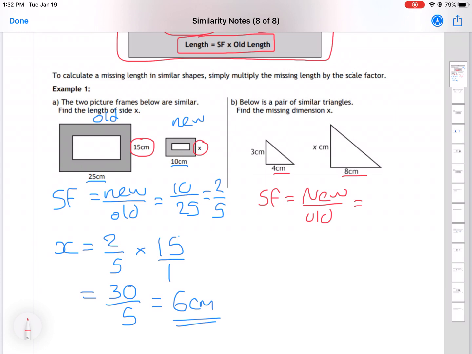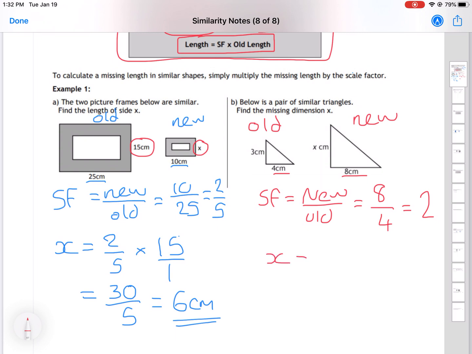Therefore, we can combine them into the fraction to make a number for the scale factor. The new shape is the one that we have something missing from, and the old shape is the one that we started with. So the new shape here has a length of 8. The old shape has a length of 4, so 8 divided by 4, and our scale factor is 2.